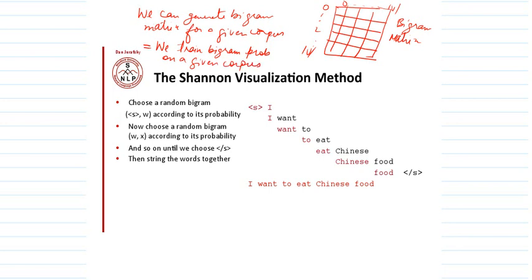We have trained the bigram probabilities on this corpus and obtained this matrix of bigram probabilities. These are called the parameters of that model.